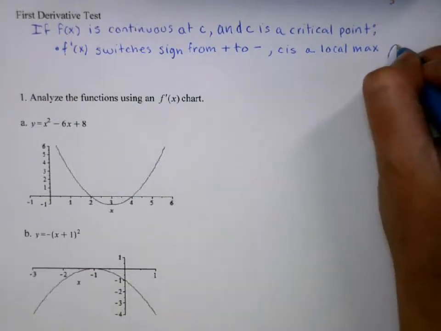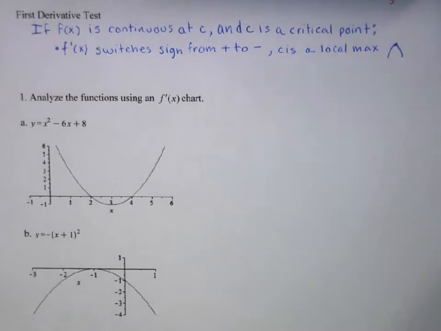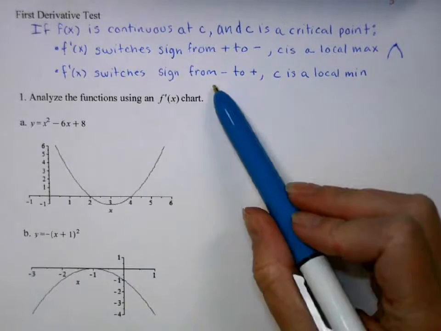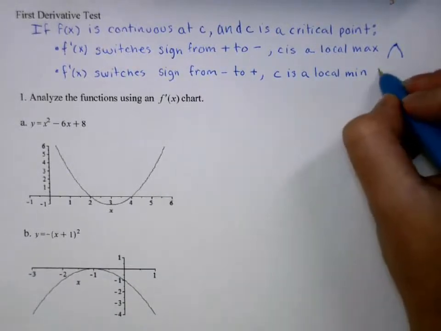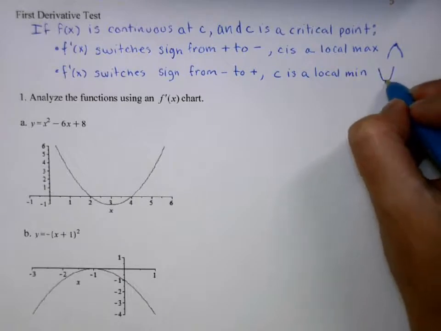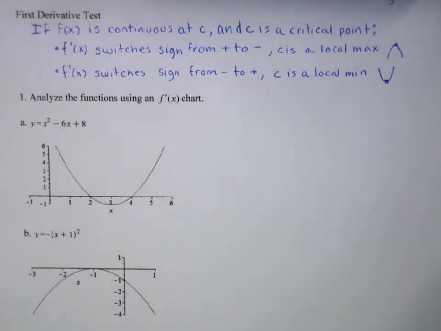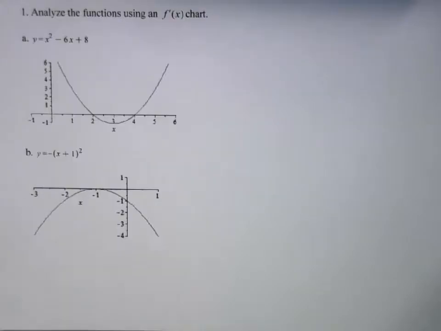If it goes from increasing to decreasing, we have a local max. On the flip side, if f prime switches from negative to positive, c is going to be a local min. If we go from decreasing to increasing, we have a local min. So this is called the first derivative test.